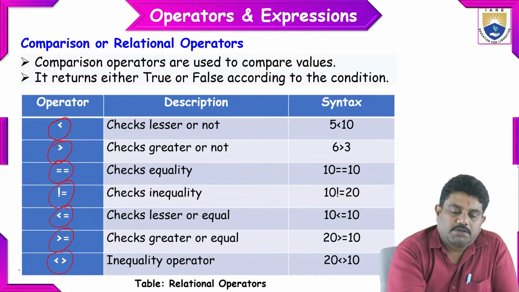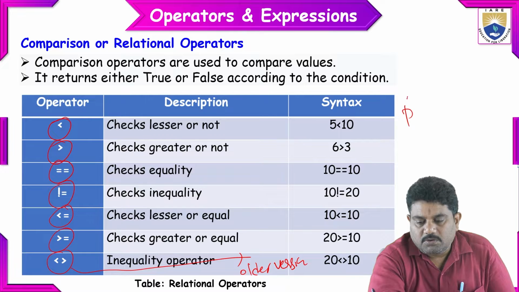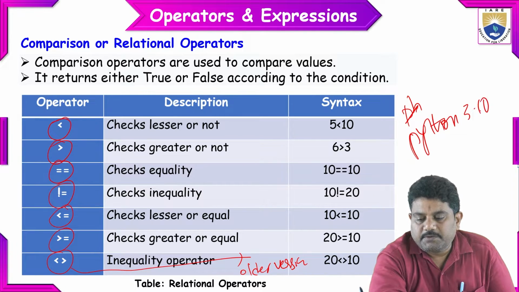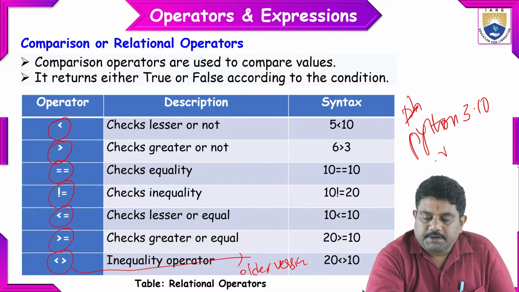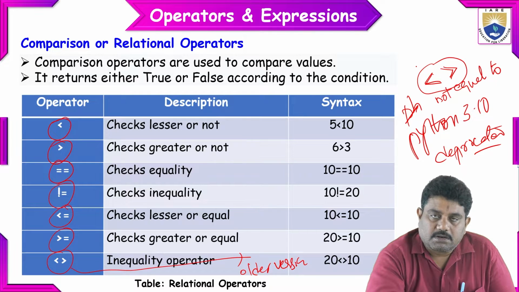This not equal to was available in older versions. It was deprecated in Python 3. The less than, greater than symbol combination also represented not equal to in the initial versions, but in the present version this operator is not available.